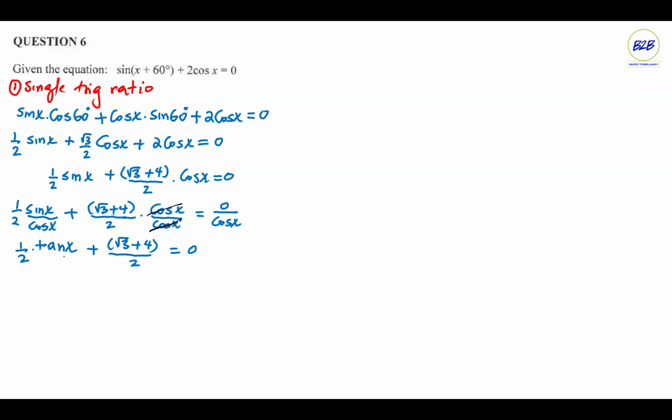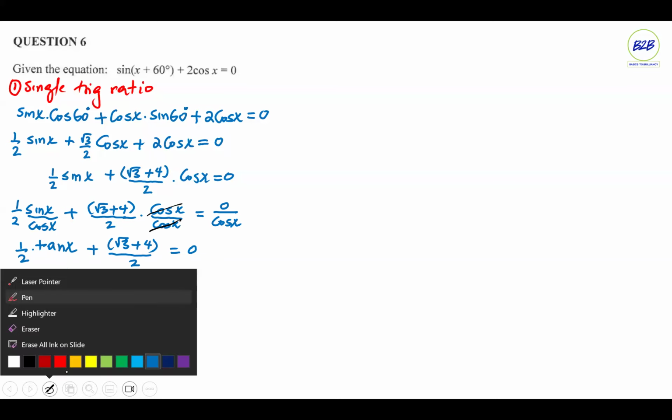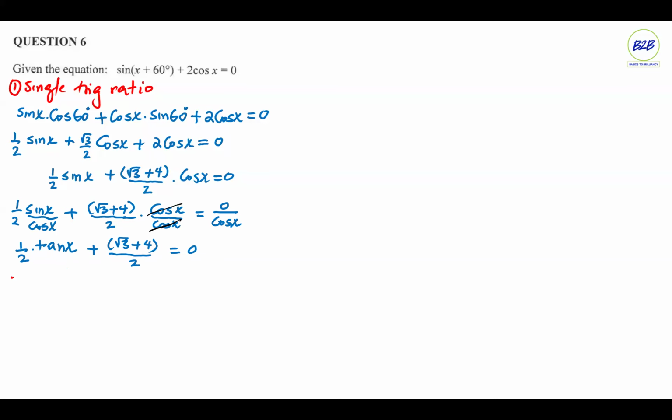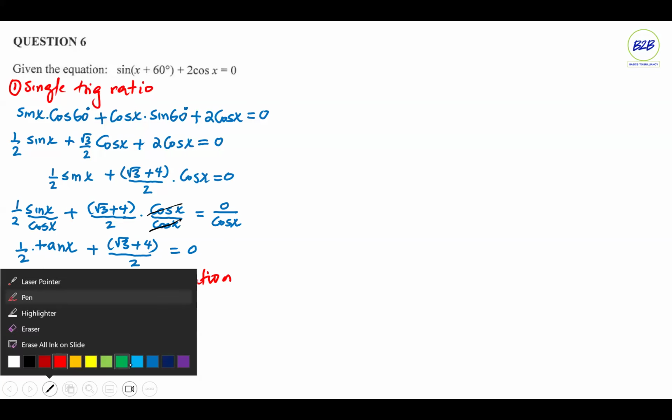Right. Now, let us move into our second step, which is to then make that tan x to be the subject of the equation. The subject of the equation. How do we do that?